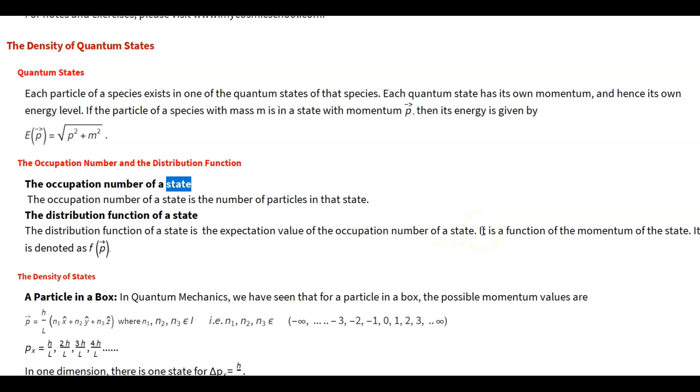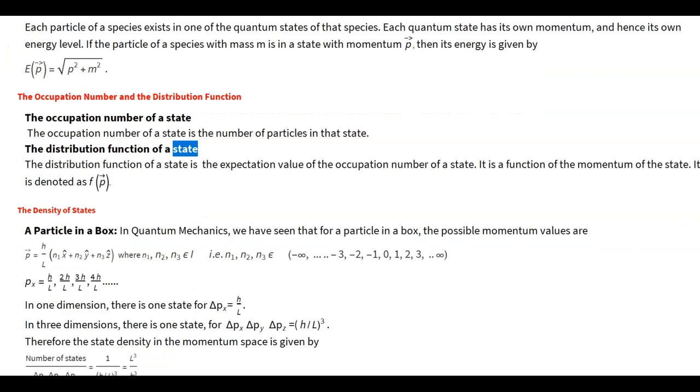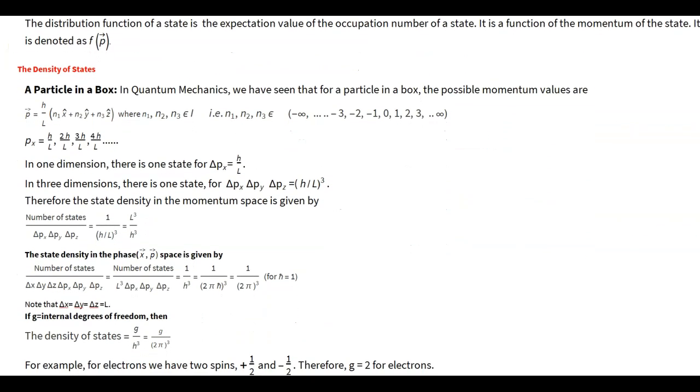So it is a function of the momentum, because a state is defined by its momentum. So for a given quantum state, the distribution function is denoted as f, a function of momentum, and this momentum is the momentum of the state. Next, we want to know what is the density of states.